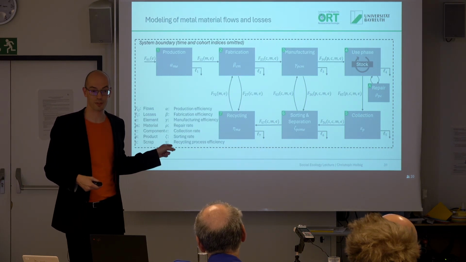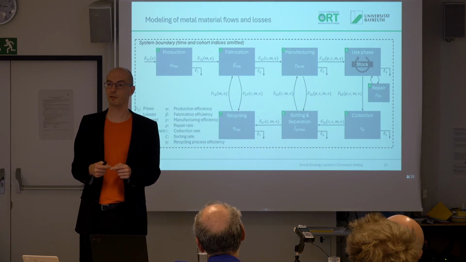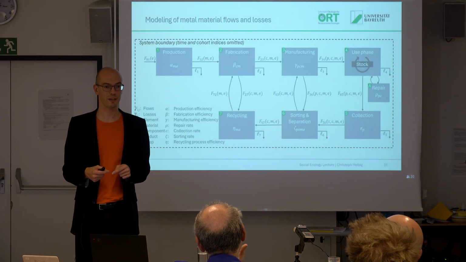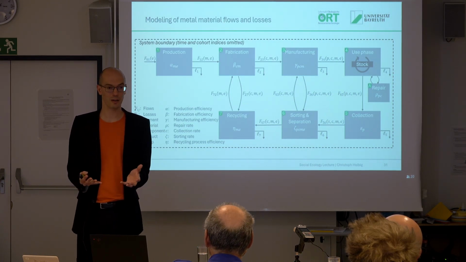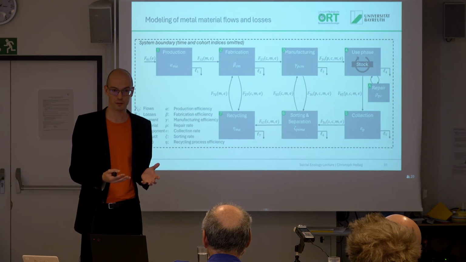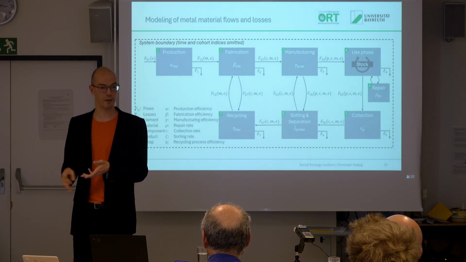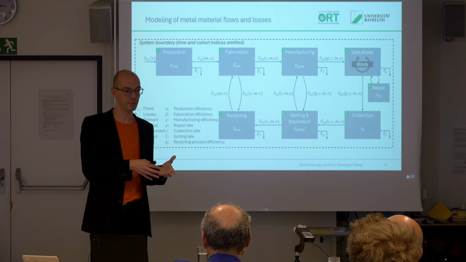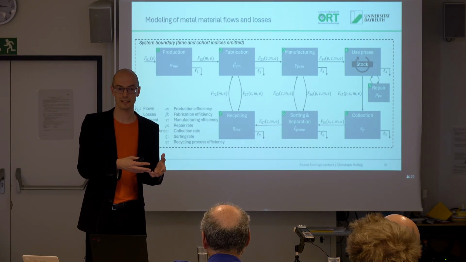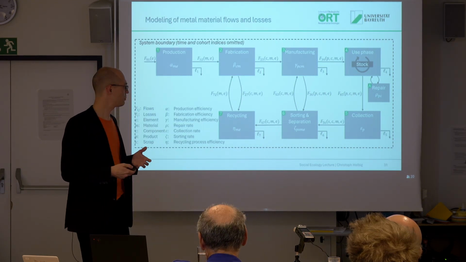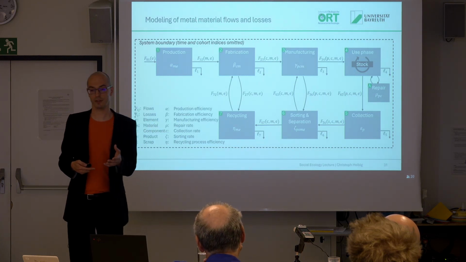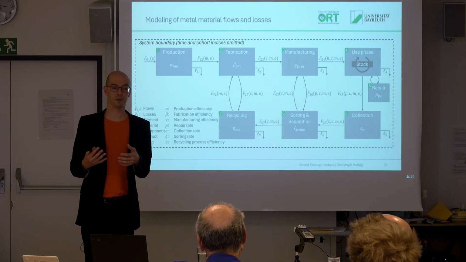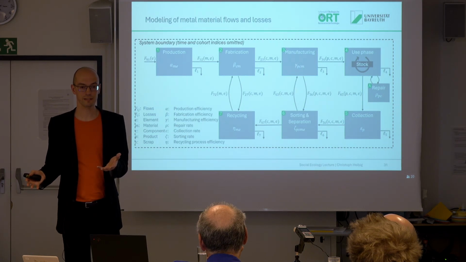And in this recycling process, we would like to have information not only about how efficient is steel recycling for steel, but also how efficient is steel recycling for contaminants. Can we get them out? Do they persist in the materials? One example would be zinc that we use for galvanized steel.